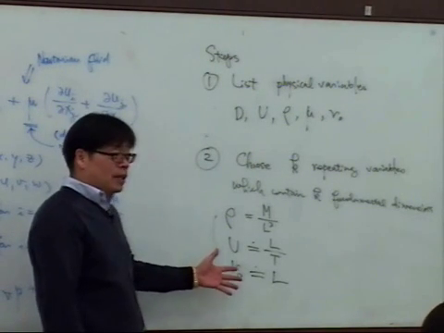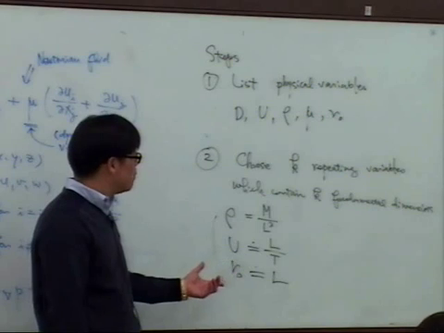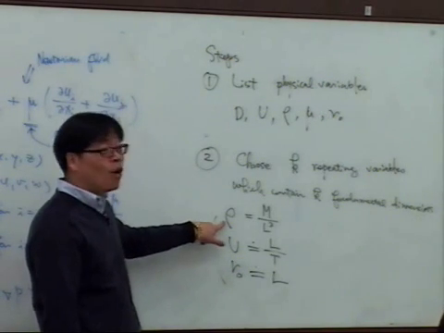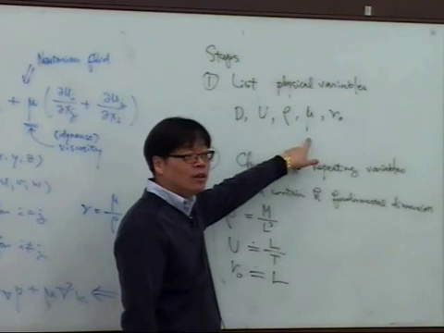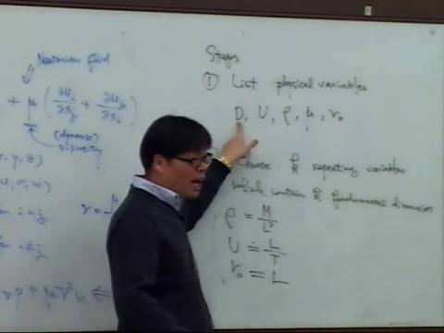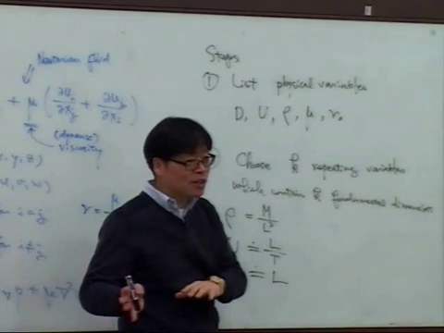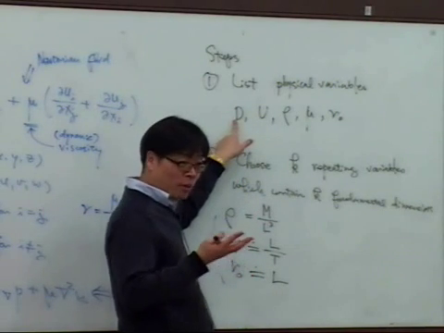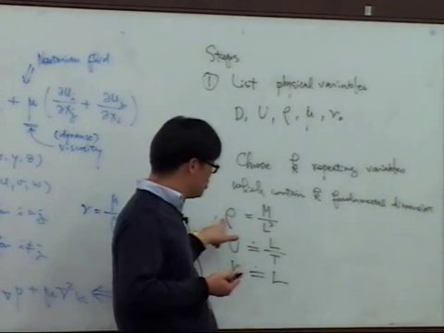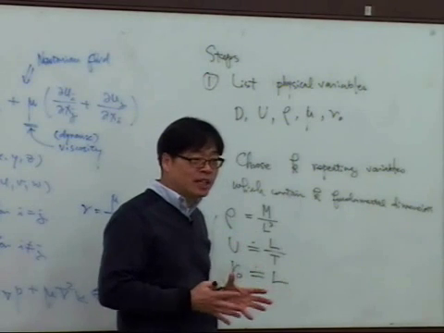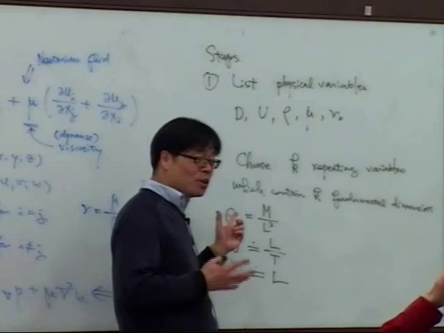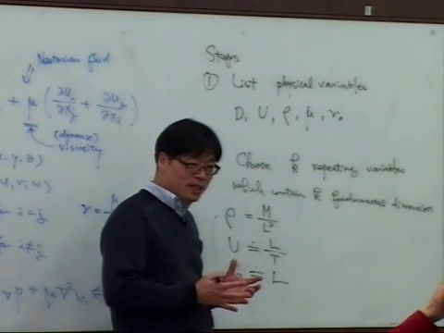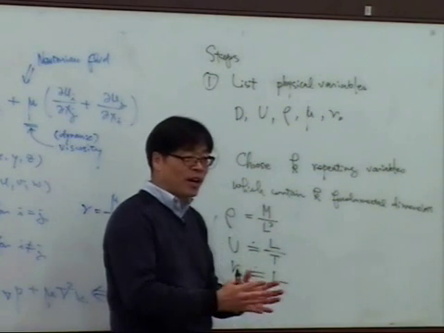This choice is not unique. For example, instead of rho, I can choose either D or mu. Because D is a drag, and drag is mass times acceleration, so mass will appear there. So instead of rho, I can use D. But this time, I want to use rho because rho is a property of the fluid. D is what we really want to have.